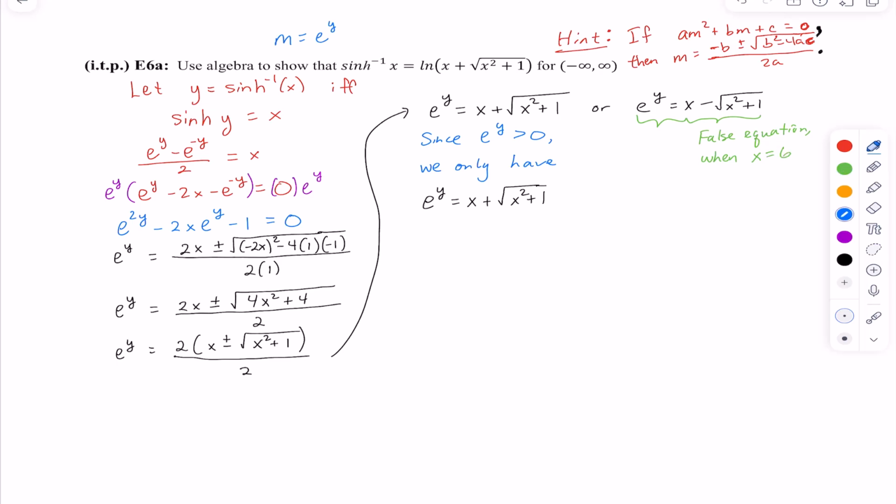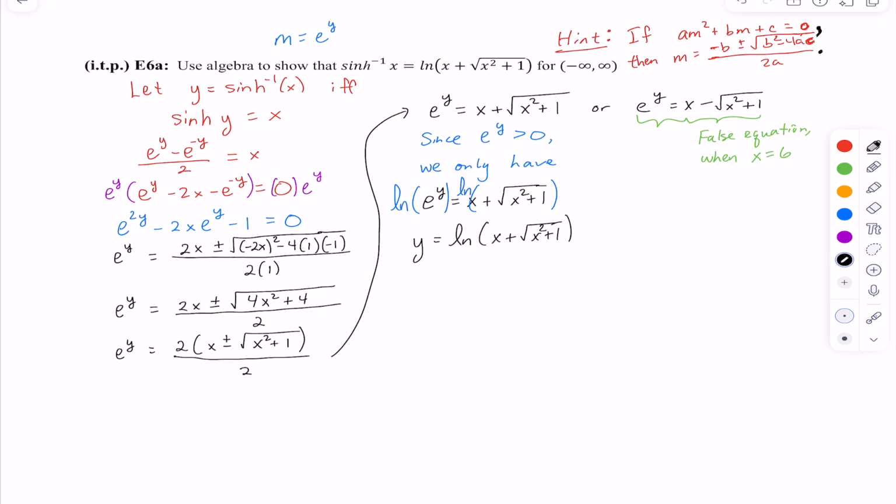Now going back to this equation here, we're going to take the natural log of both sides. And using log properties, we know y is equal to the natural log of x plus the square root of x squared plus 1. But what is y?